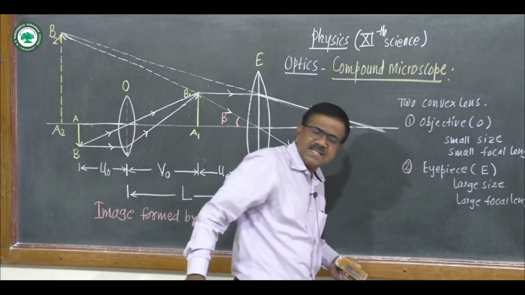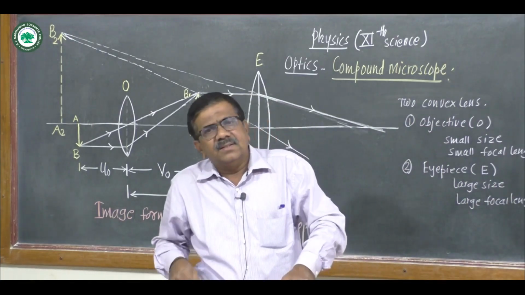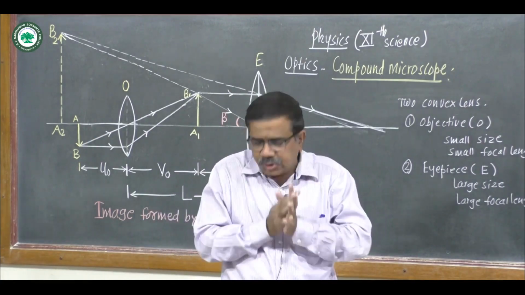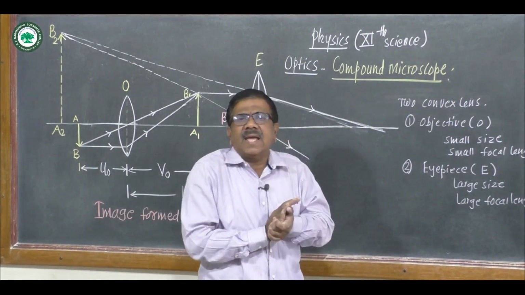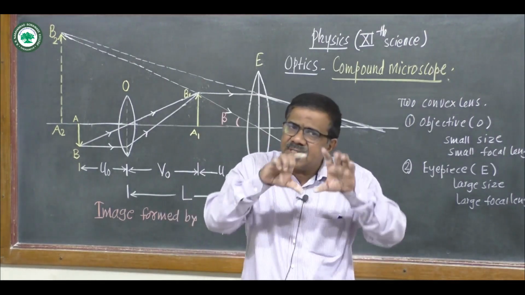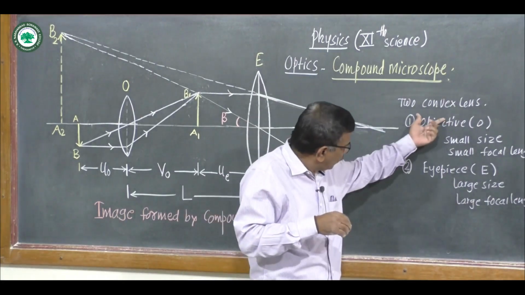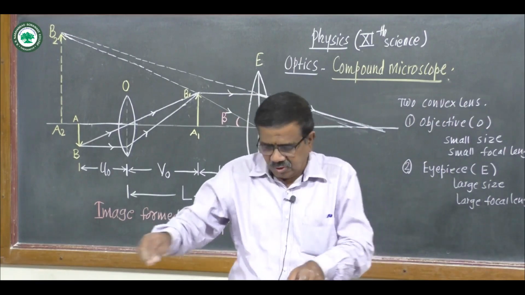Such two convex lenses are used in the compound microscope. These convex lenses are fixed in a suitable cylindrical tube, and the distance between these two lenses can be changed. So this is the compound microscope.